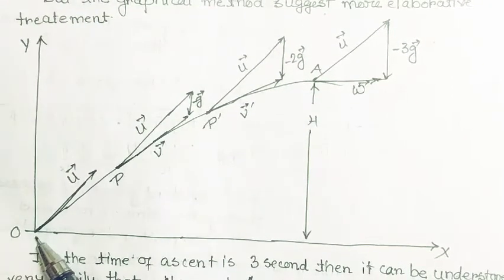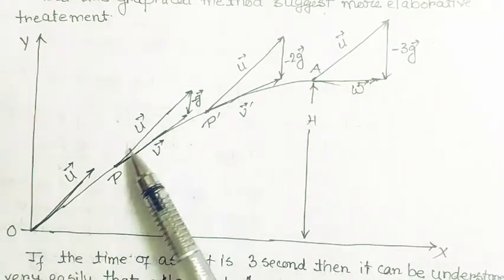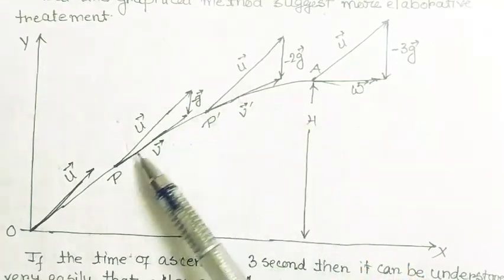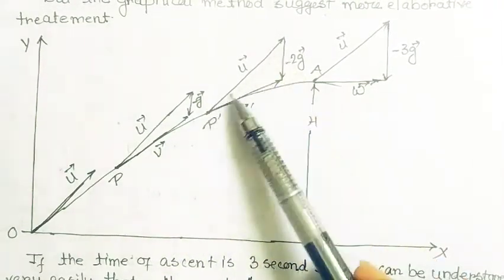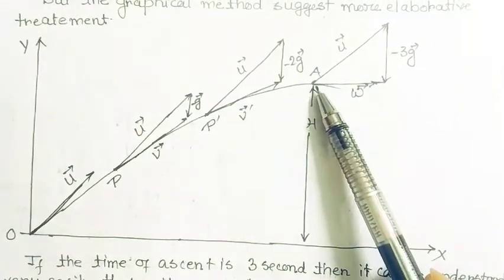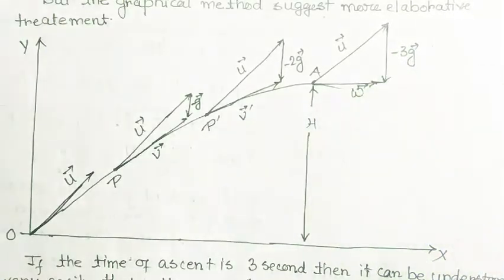At the point O, the velocity vector is u. At the point P, after just 1 second, it is u vector minus g. After 2 seconds, at P prime, it is u vector minus 2g. If I say at 3 seconds the particle reaches the maximum height, it is u vector minus 3g, and the value of g is known to you.